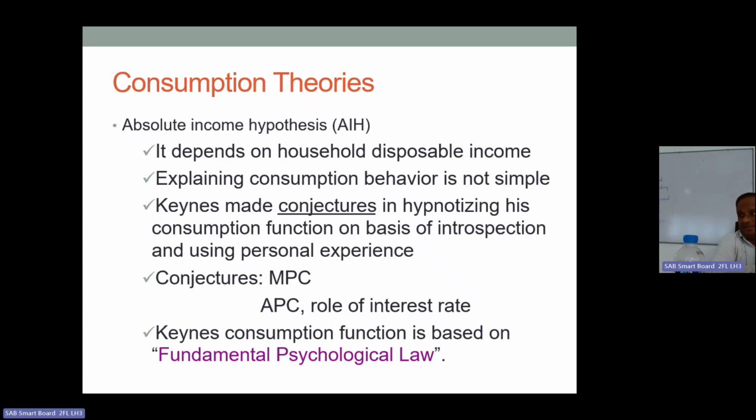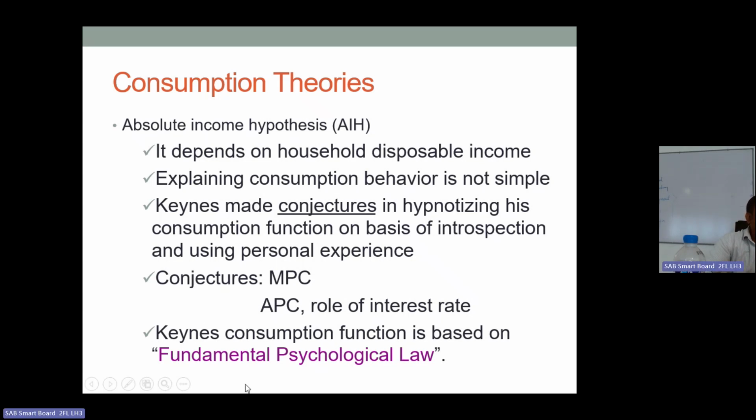He used some concepts, for example marginal propensity to consume and average propensity to consume. Those are some kind of assumptions. So Keynes developed this based on his experience, hypothesis, and assumptions.